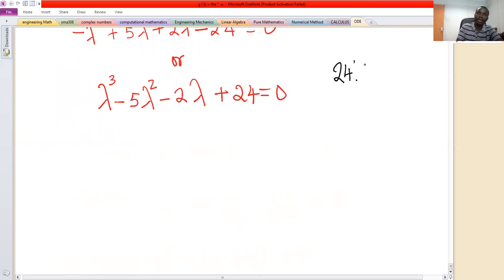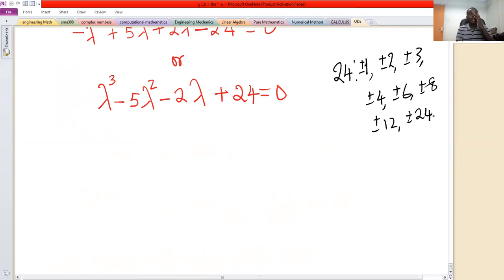So factors of 24, we have plus or minus 1, plus or minus 2, plus or minus 3, plus or minus 4, plus or minus 6, plus or minus 8, plus or minus 12, and plus or minus 24 itself. So it's by trial and error. Try to see which of these factors, when you put into the equation, satisfies the equation. Simply means that if you evaluate the left-hand side, you get 0.